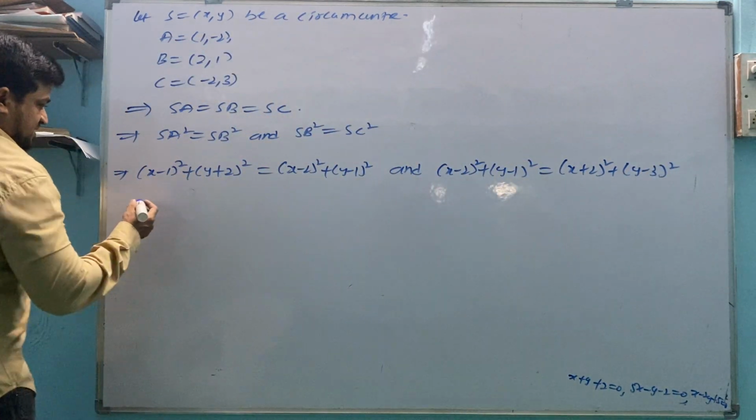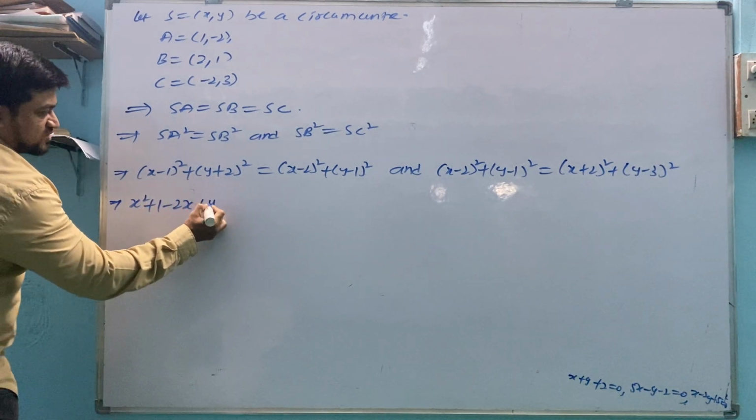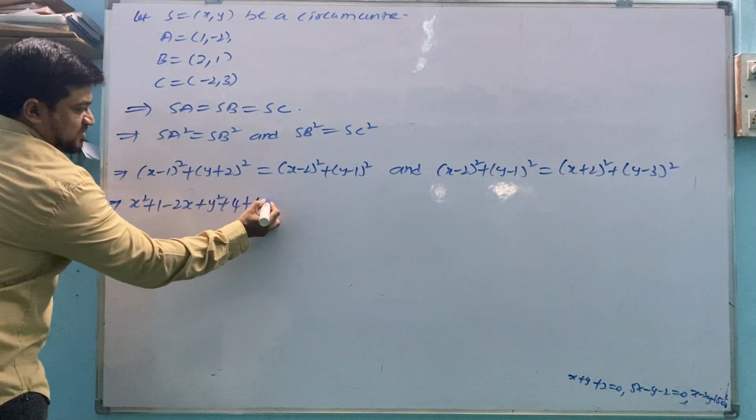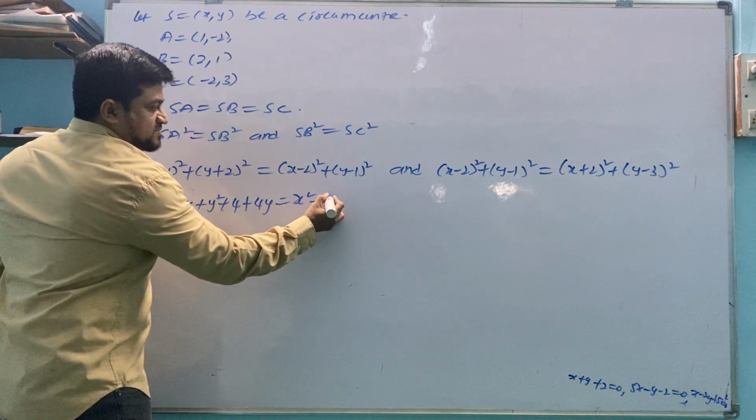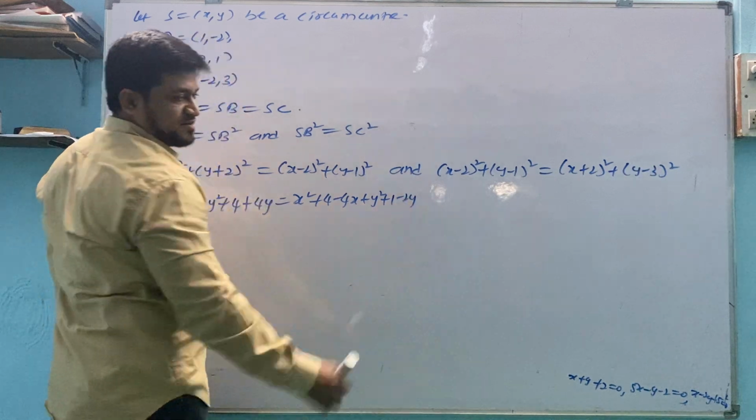Now simplifying, each bracket expands as a square plus b square minus 2ab or a square plus b square plus 2ab.